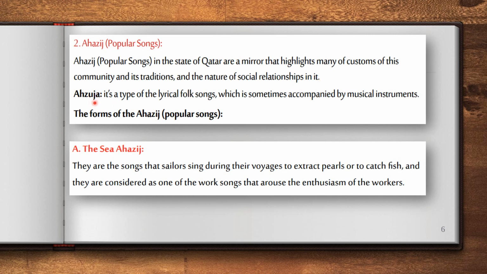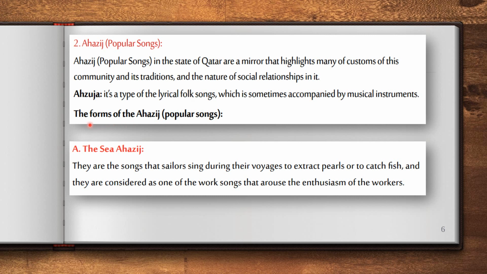For example, we have Ahzuja, which is a type of lyrical folk song, which is sometimes accompanied by musical instruments. By the way, folk songs are songs originating among the people of a country, then passed by oral tradition from one generation to the next.